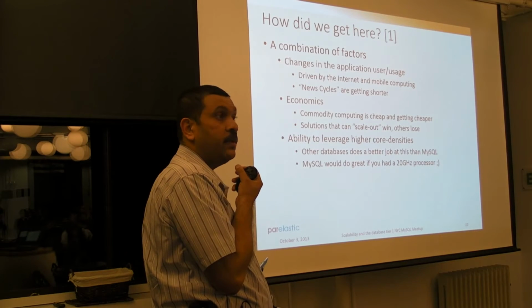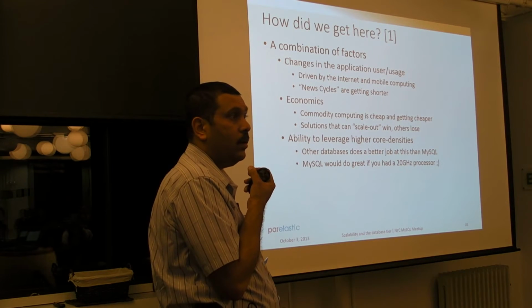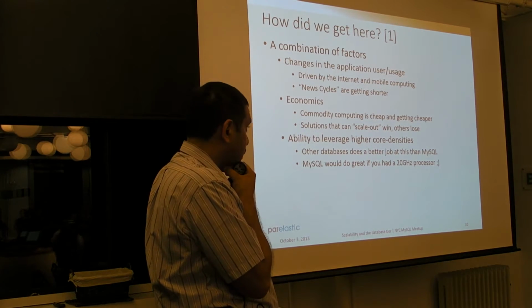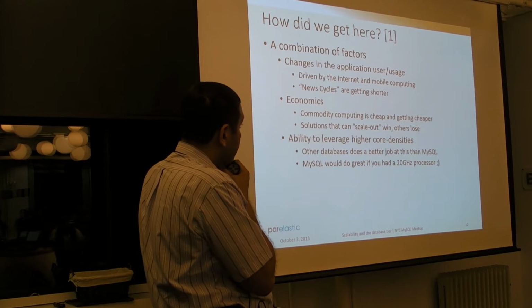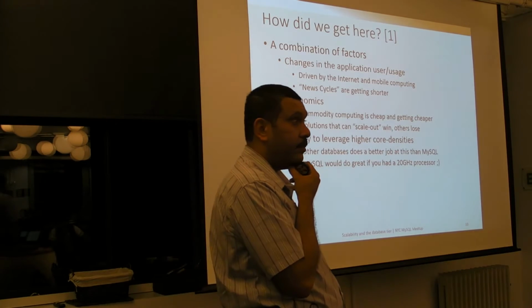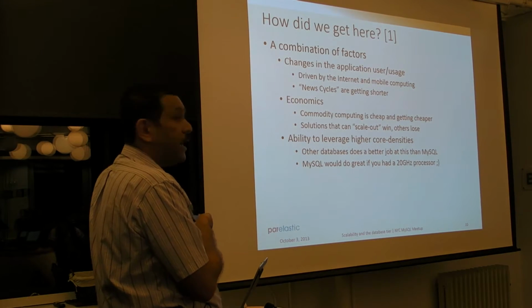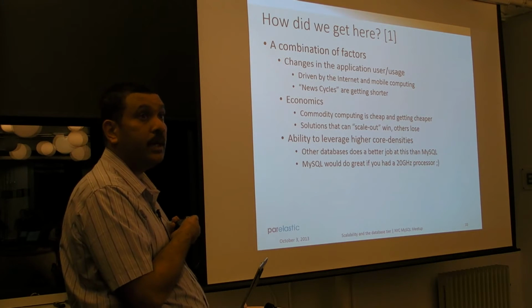And the promise was that it would keep going on and on, where one core would go faster and faster. Well, nobody's figured out how to change the speed of light yet. Nobody's managed to change the fact that your power dissipation is going to be based on the square root of frequency. You have not seen a chip faster than 3 gig in the commodity market in a long time.